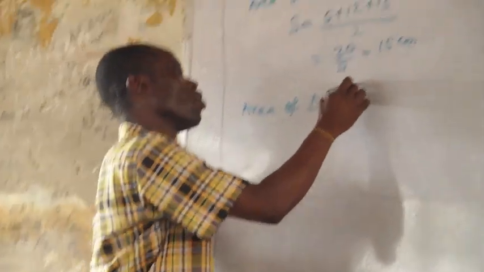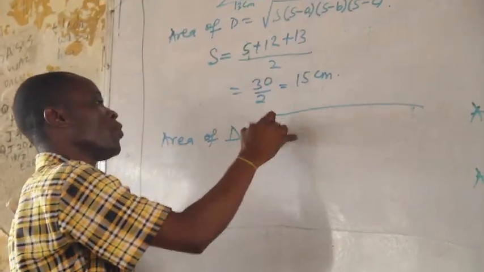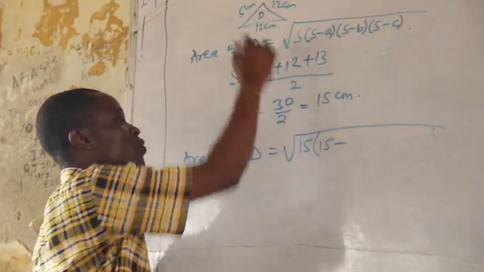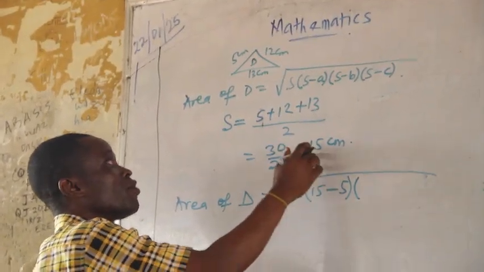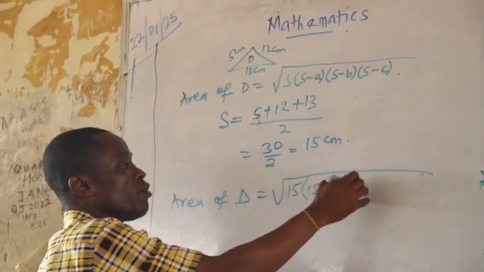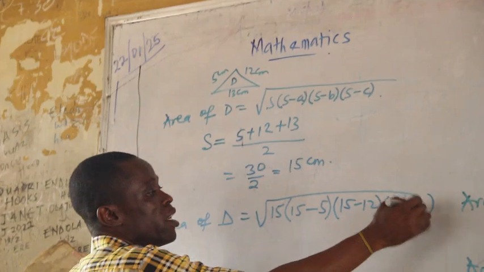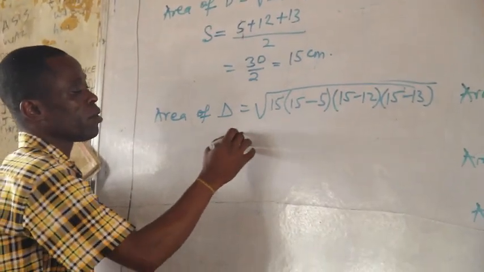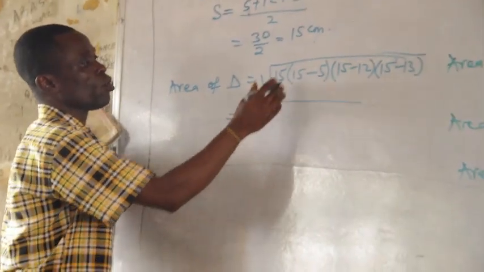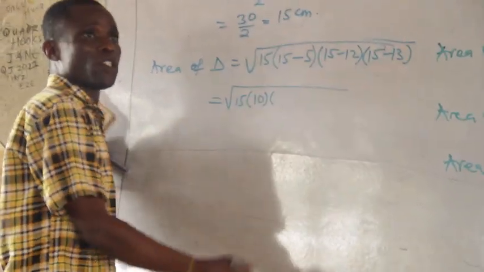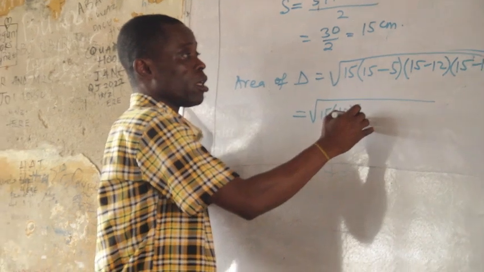Area of D is now equals to, S is what? 15 into 15 minus the first side is 5. 15 minus the second side is 12. And the third one, 15 minus the third side is 13. Now we have 15 into 10 into, what is the difference between 15 and 12? 3.